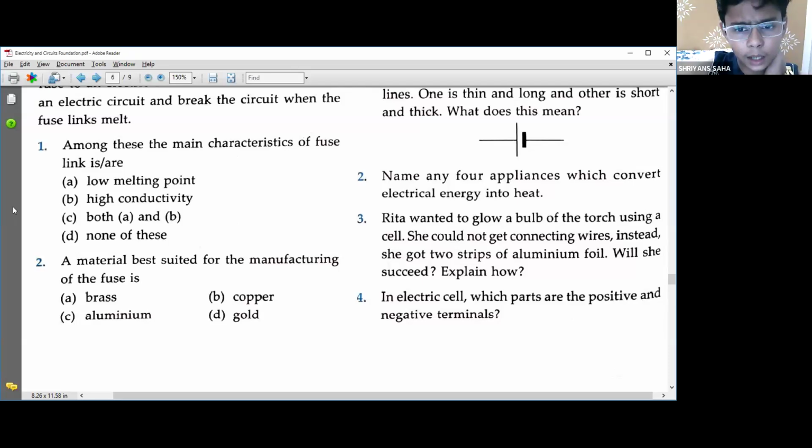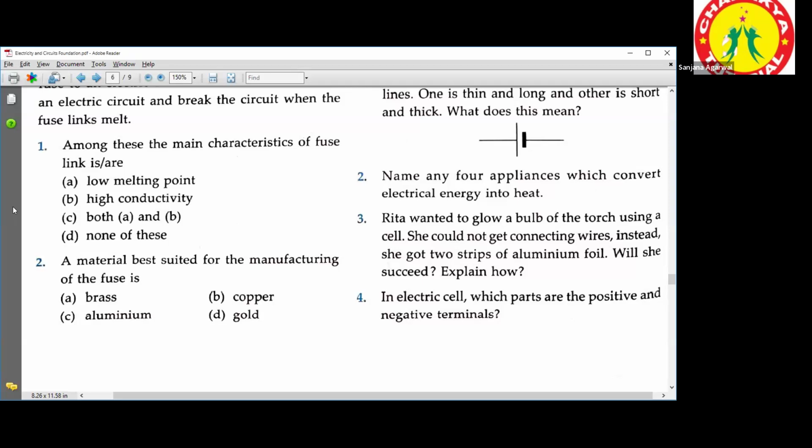What is brass? Pardon? What is brass? Brass is a kind of material, but as you can see, copper, gold, and aluminum are pure metals, different kinds of pure metal.